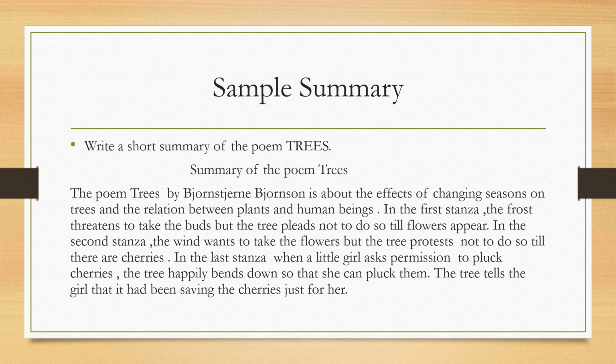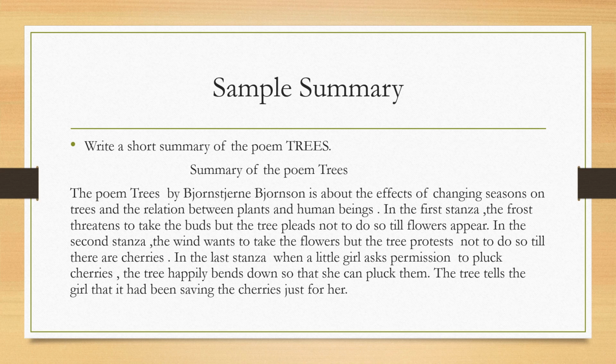Again, the tree protests. Now, if you forget the word protest, you can again write pleads. You can write does not want the wind to take the flowers, because it wants the wind to wait till it turns to cherries or till we get cherries.